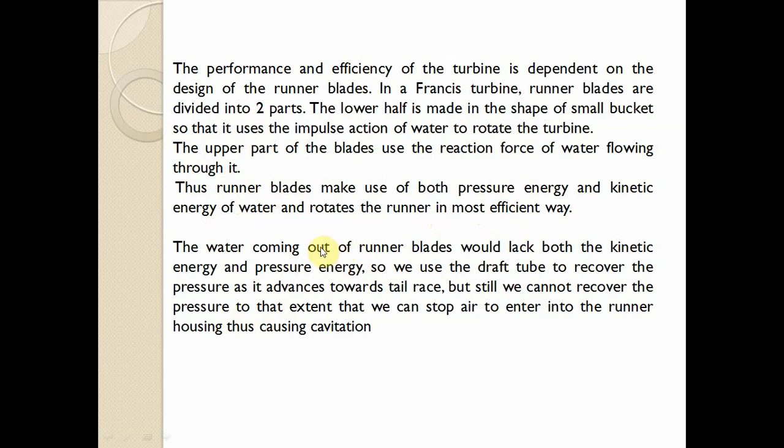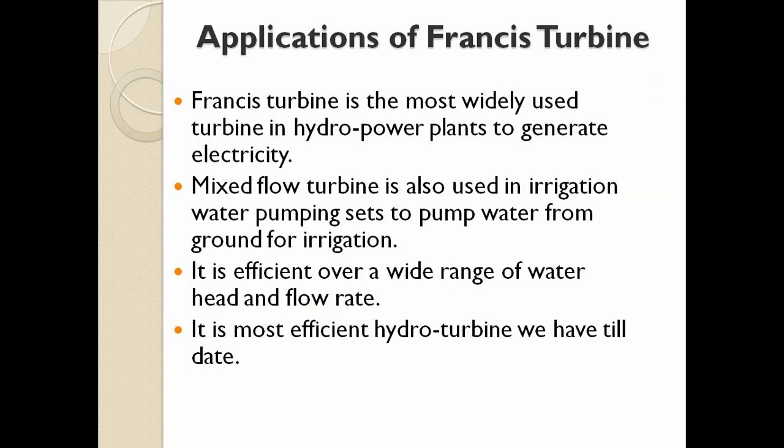The water coming out of the runner blades would lack both kinetic energy and pressure energy, so we use the draft tube to recover the pressure as it advances towards the tail race. But still, we cannot recover the pressure to the extent that we can stop air from entering the running housing, thus causing cavitation.